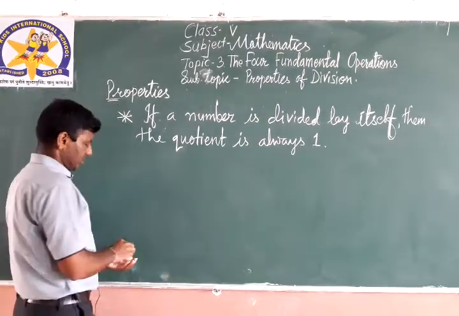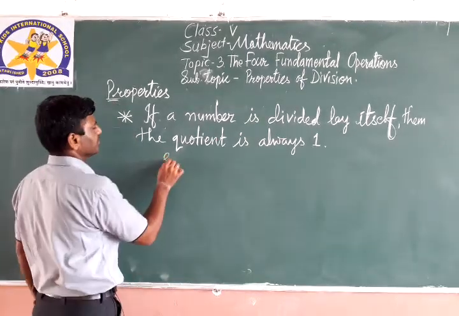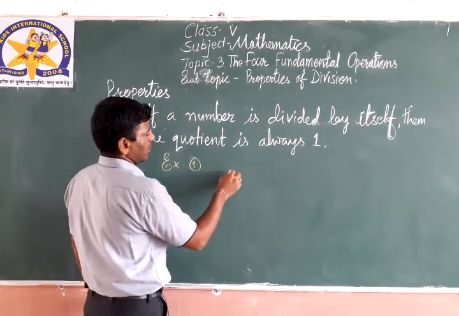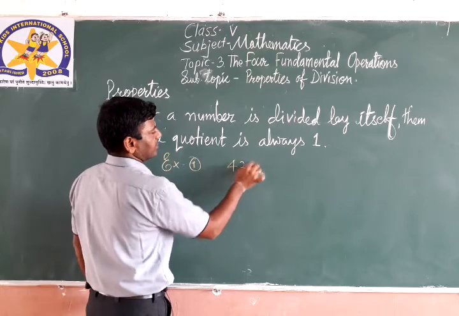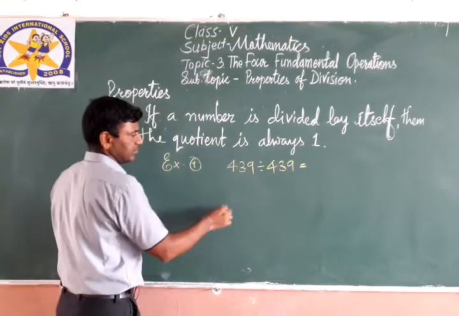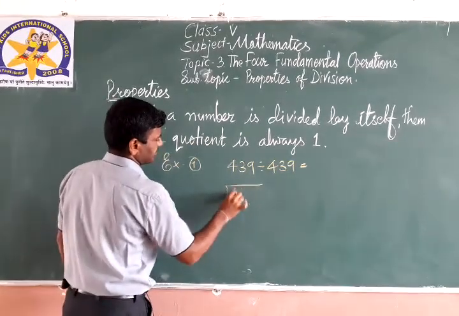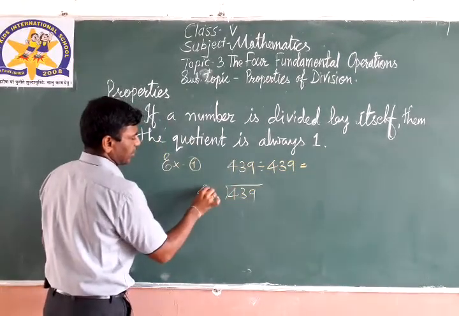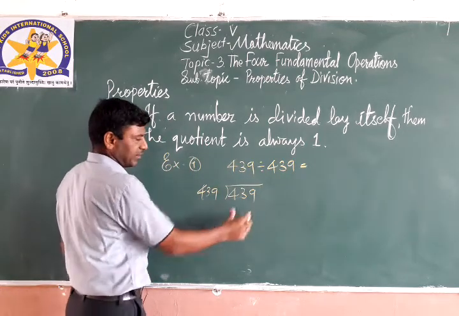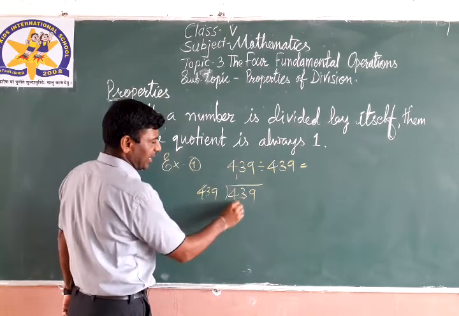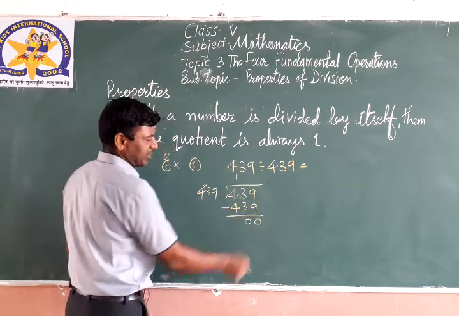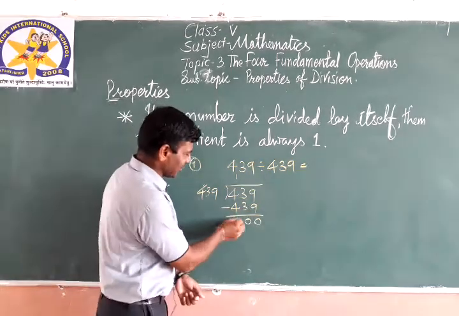Let's see one example. 439 divided by 439. 439 is 3 digits, so focus on 3 digits. 439 ones are 439. 9 minus 9 is 0, 3 minus 3 is 0, 4 minus 4 is 0.